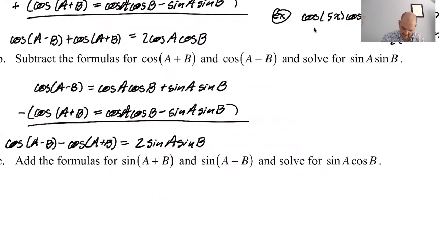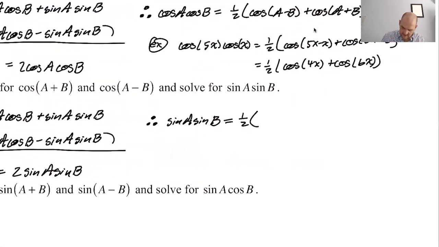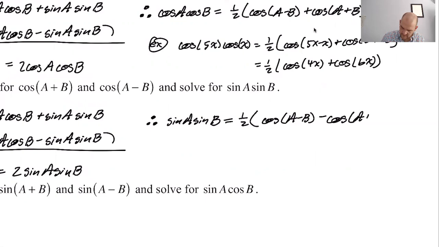But then we can say, therefore, so sine A times sine B can be changed into 1/2 cosine A minus B, and then minus cosine of A plus B.